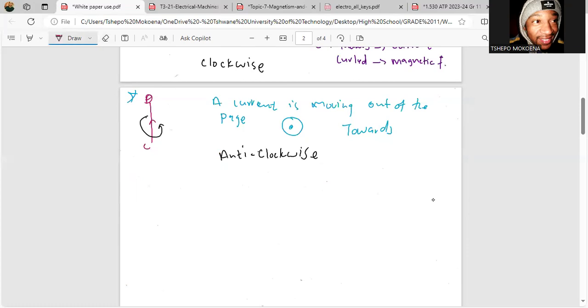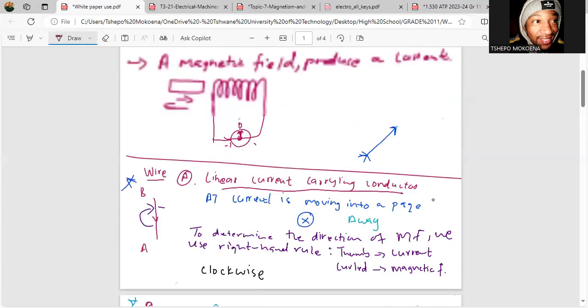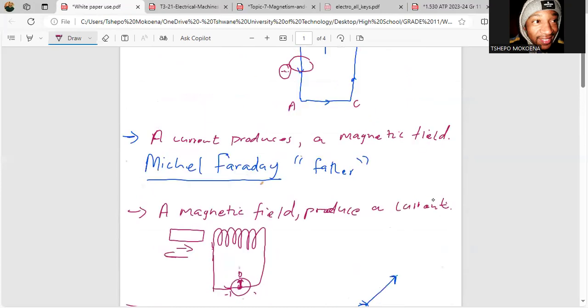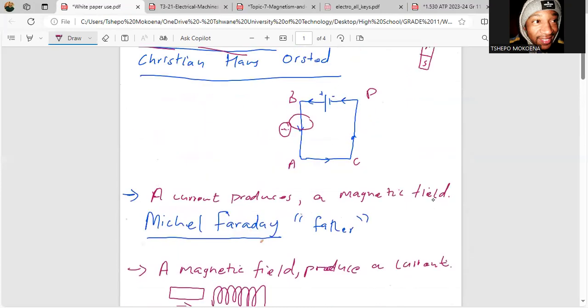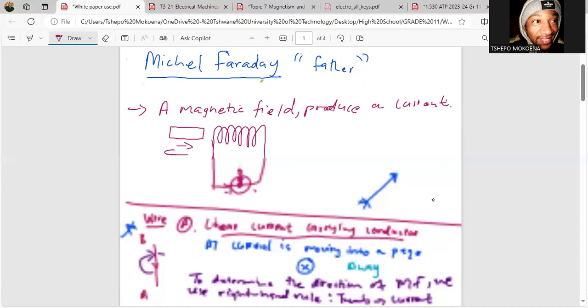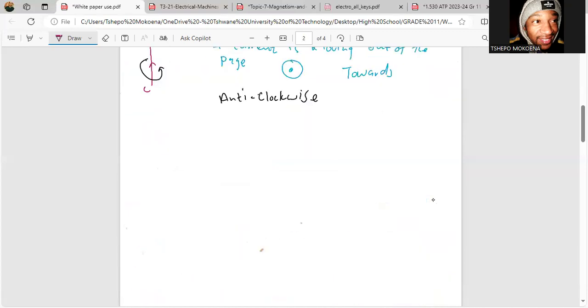Even if a current is moving from A to C, it is still a straight line, right? But how do we analyze the directions here, A to C? I'm not going to take the reverse, I'll just take A to C only.